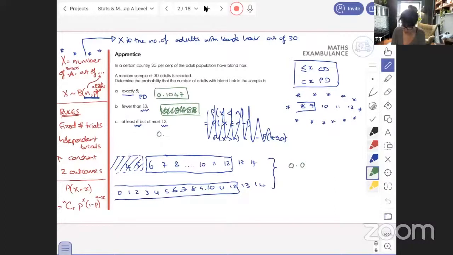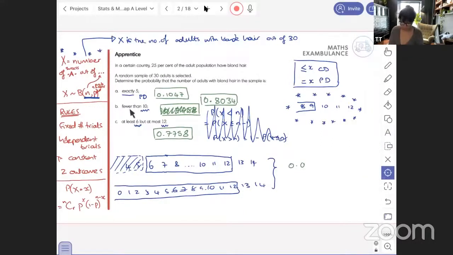This one is 0.7758. You must have been thinking, what the hell did I do wrong? And you didn't do anything wrong. It was me. I can't copy answers. 0.8034 is the answer to B. Sorry about that.